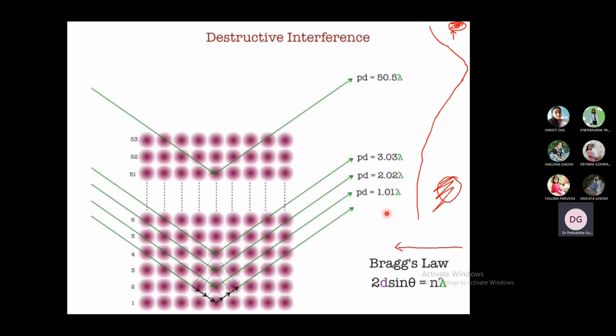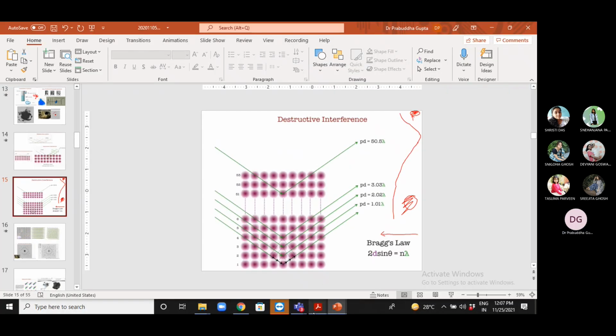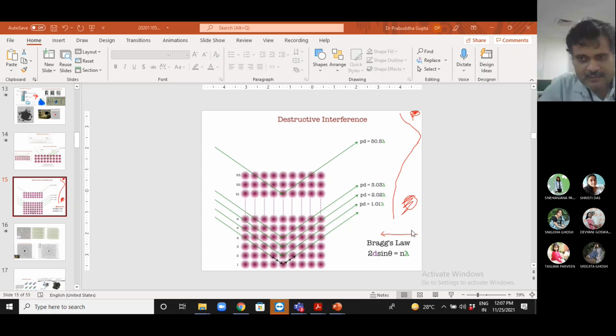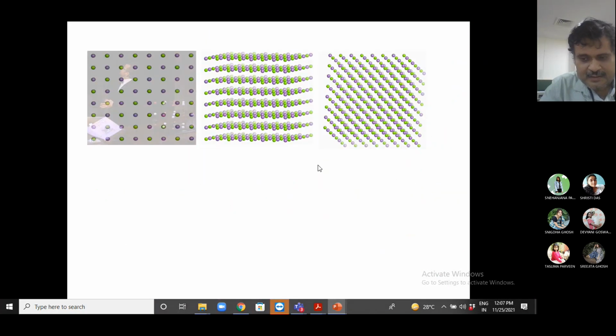So next, let me turn on the... What we said just before concluding the previous session is that we will shine the light on the crystal, and as we are shining the light like this, all the planes are perpendicular to the X-ray beam.